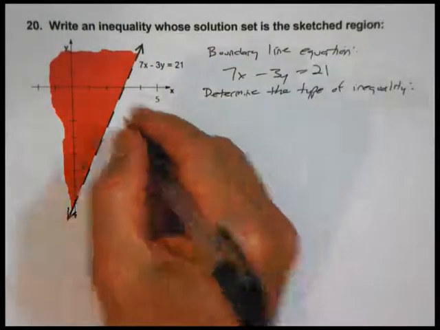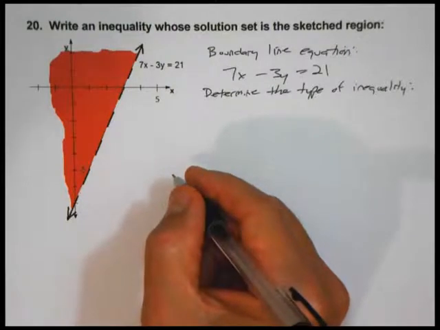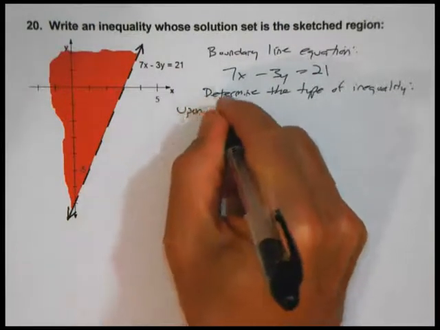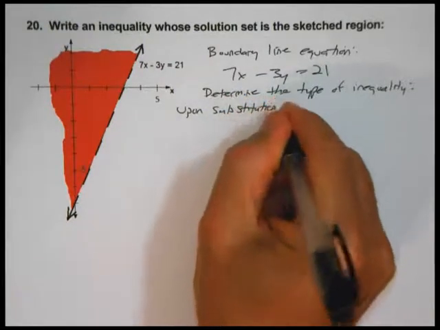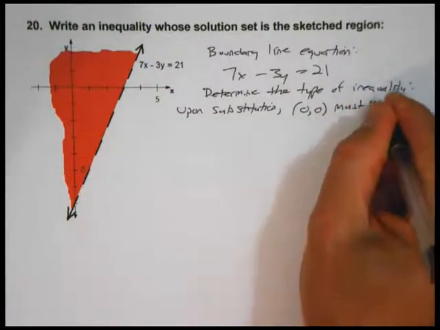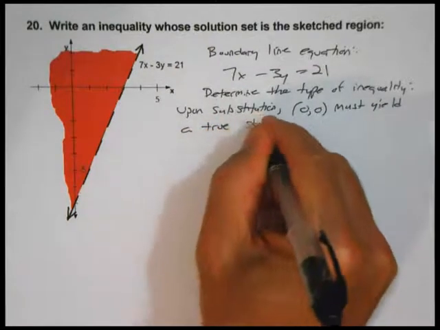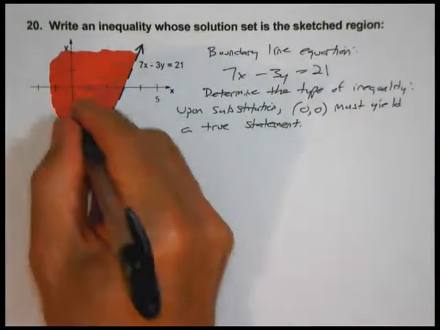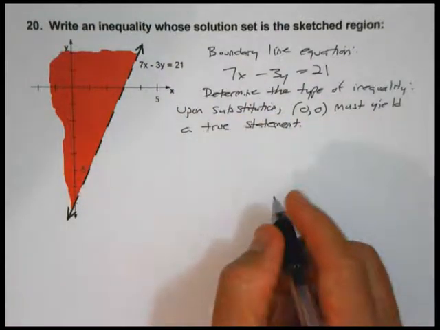We could say 0, 0 is a solution, which means upon substitution, 0, 0 must yield a true statement. Again, because it's in the shaded region, it's a solution. If it's a solution, by definition, this is what has to happen. It must yield a true statement.